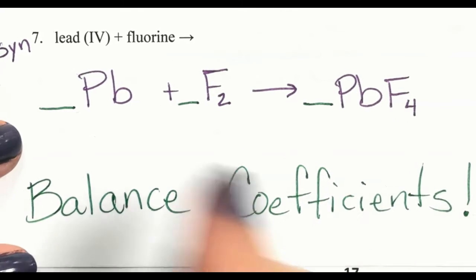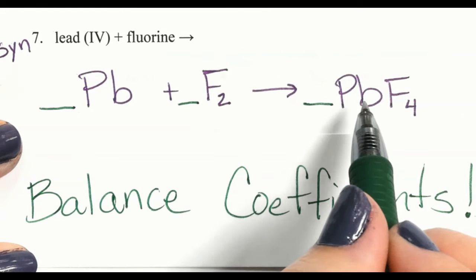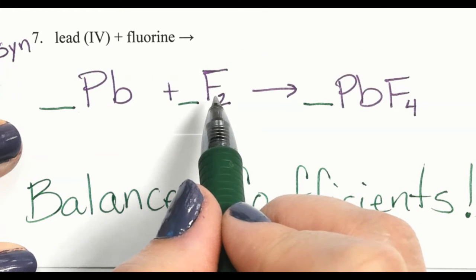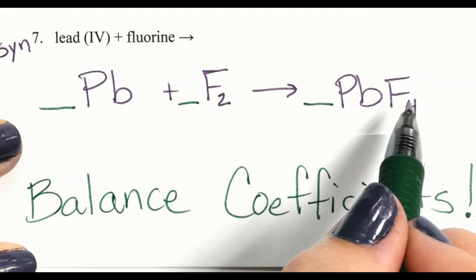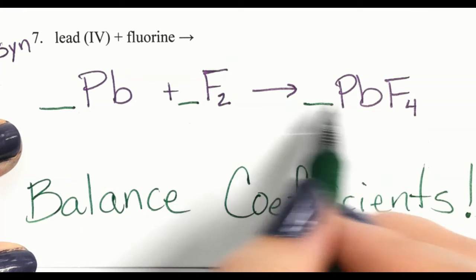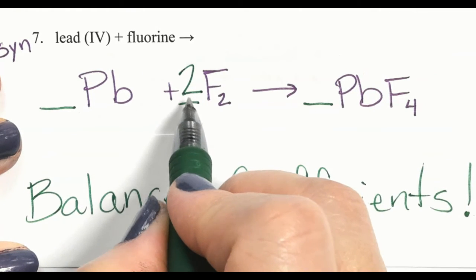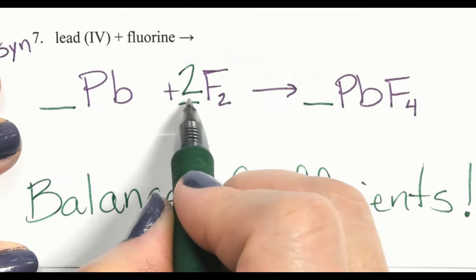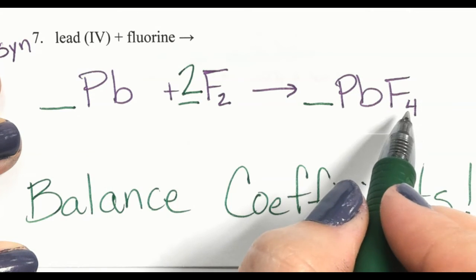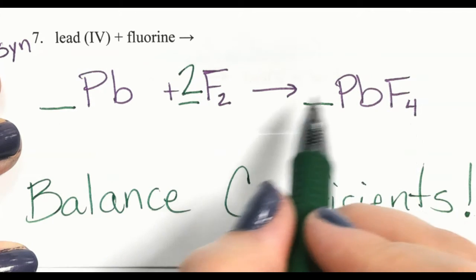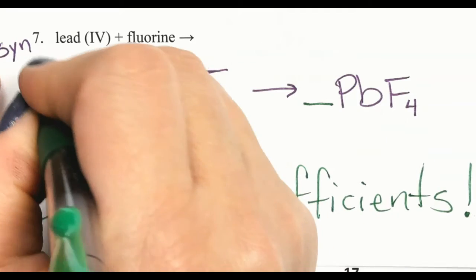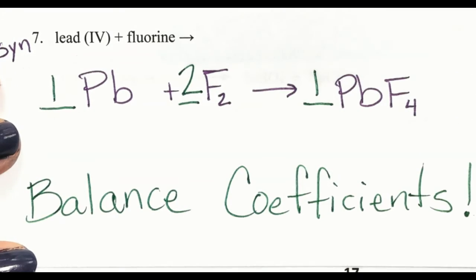And on the left, we have 1 lead, 2 fluorine, 4 fluorine. To fix it, I want this to be equal to 4, so if I put a coefficient of 2, I'll have 2 times 2 is 4, which balances with those 4. And I have 1 lead still, 1 lead still, so my coefficients are 1, 2, and 1.